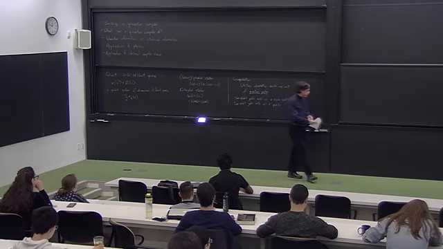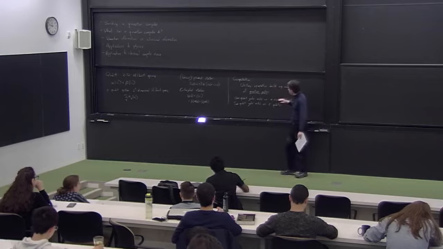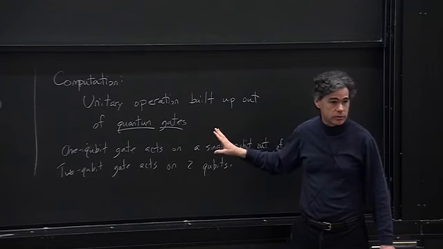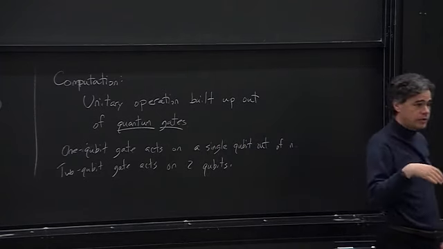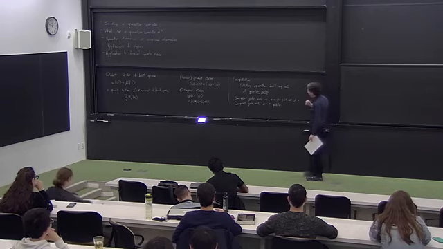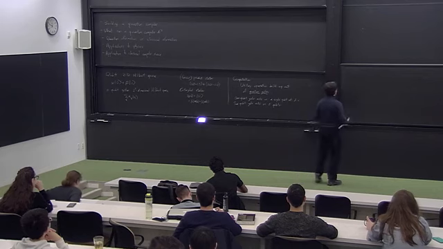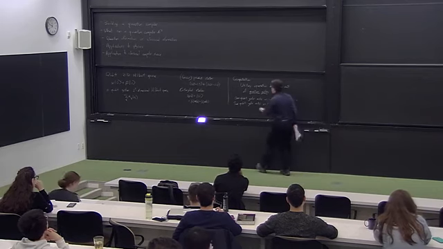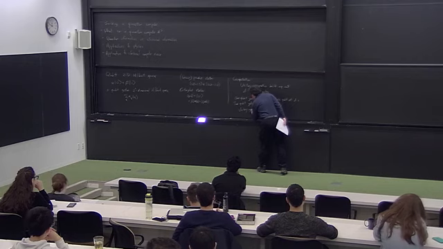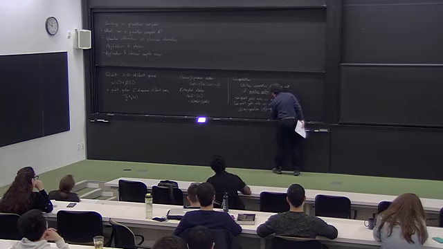Okay, so the thing is that these quantum gates, I said they're going to be unitary operations. That's not really completely essential, but it's certainly the main thing that you'll see. The thing about unitary operations is that we're taking the state psi to u psi.